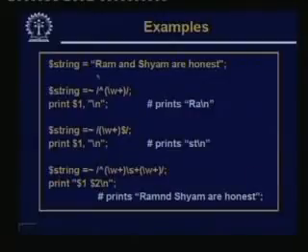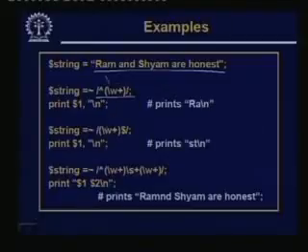There is a string "Ram and Shyam are honest." The first example you see here is a match. Here we are matching, caret means from the beginning of the string, within brackets, a word character followed by one or more characters.